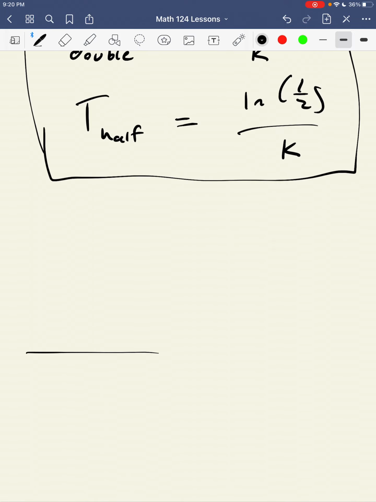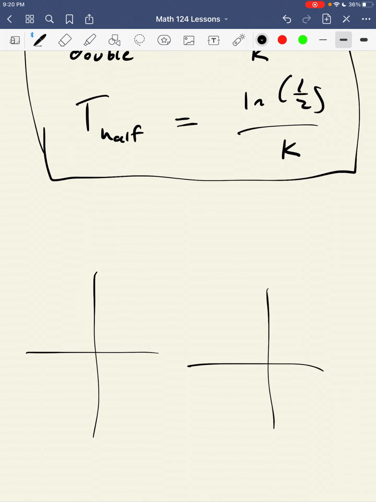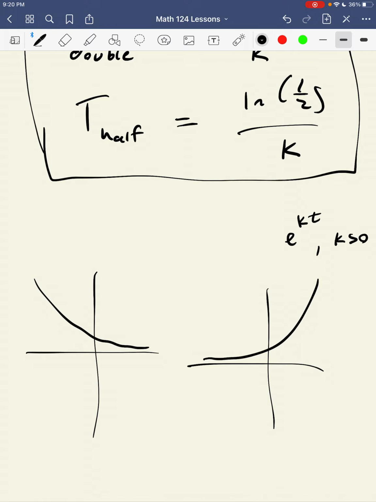Okay, and let me just do a quick graph here. So this is e to the kt for positive k. If you flip it, you get e to the kt for a negative k.